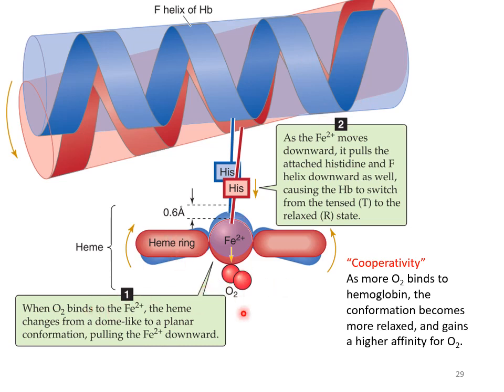Here we see oxygen binding to Fe2+, and we see that the shape of the heme ring changes from a dome to a planar conformation. Initially it was more of a dome shape, and then it transforms to more of a planar shape. This also causes a change in the conformation of the polypeptide chain. So what is the effect of all of these changes in shape?